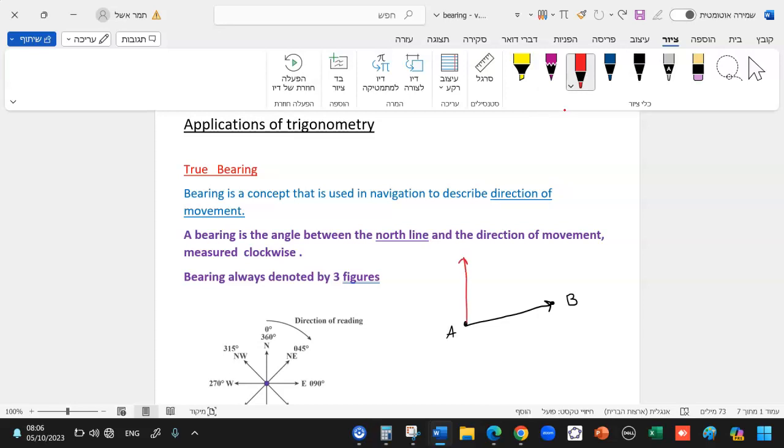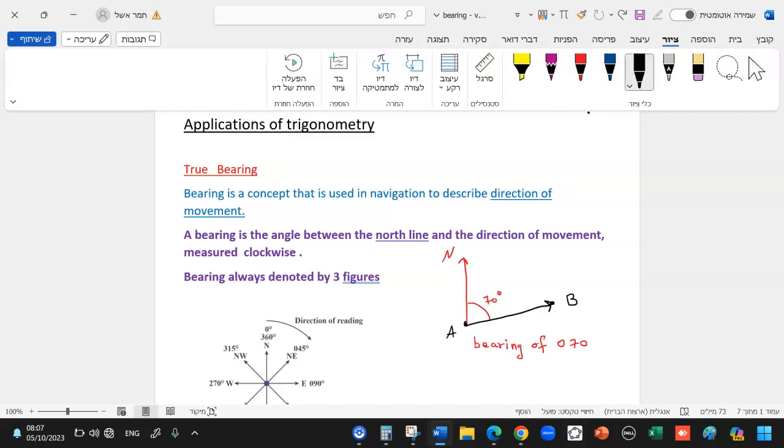This is the north, always up in the page, and the angle from the north measured clockwise is this one. This is around 70 degrees, so we are moving on bearing of 070.